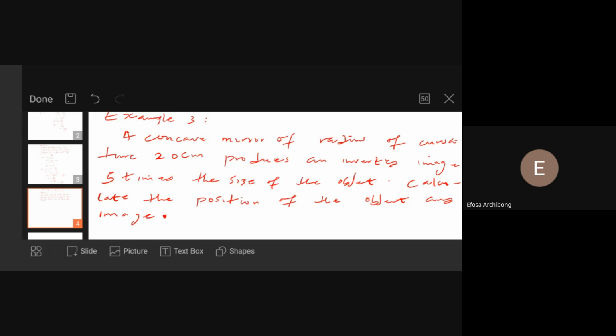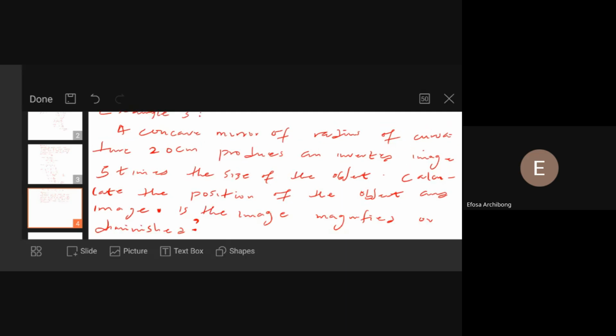Now there's another question added there. Is the image magnified or diminished? Okay, so this is the question that was being asked.